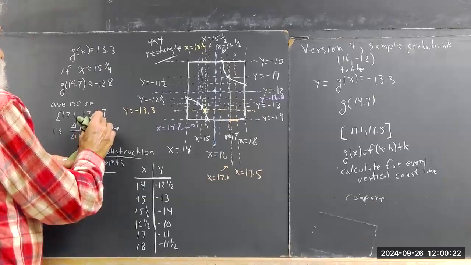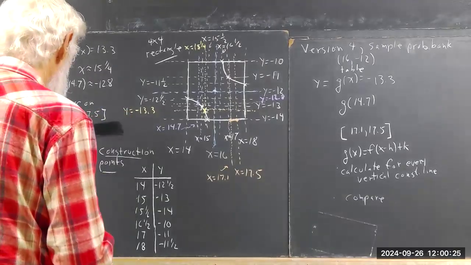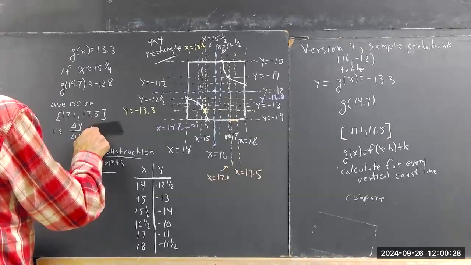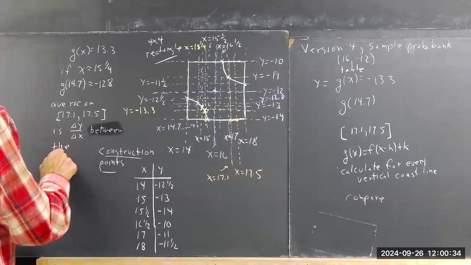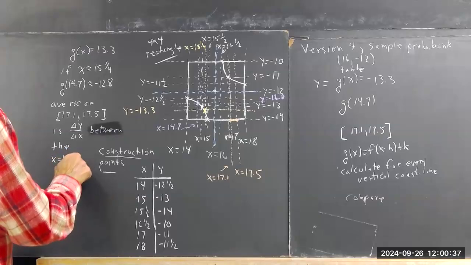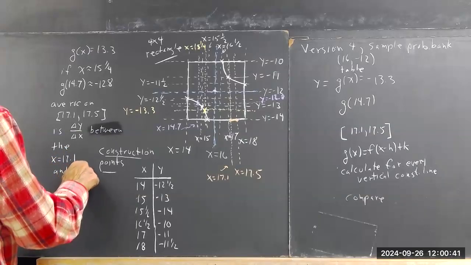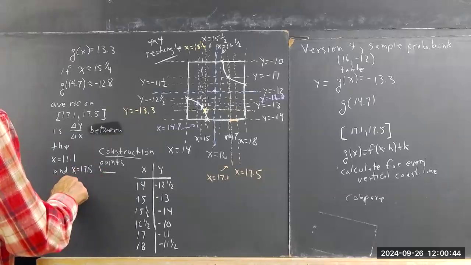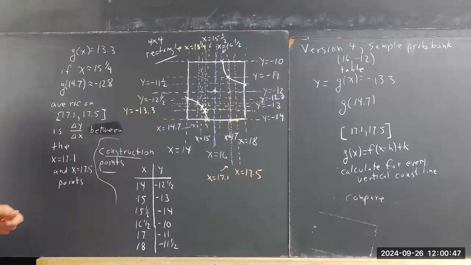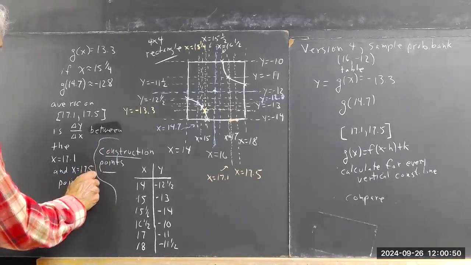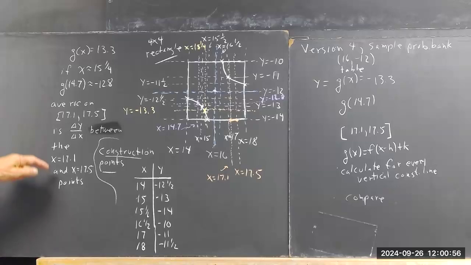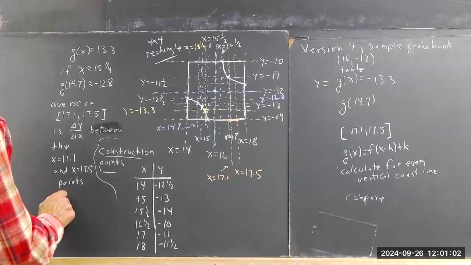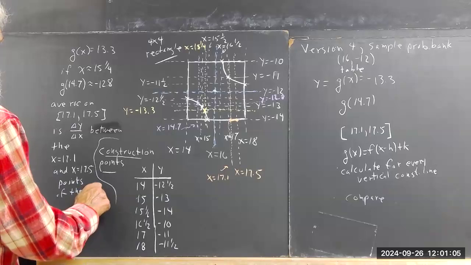Let's get the right word in there. It's the delta y over delta x between the x equals 17.1 and x equals 17.5 points, I'll even say of the curve. Be very explicit.